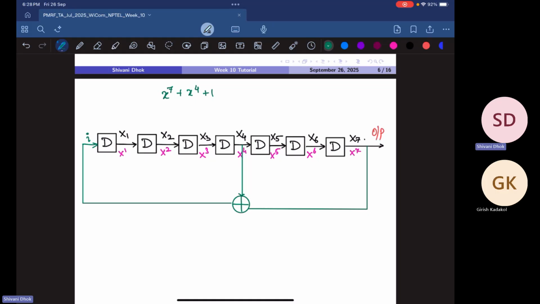So what you need to do is take the output of the 7th register and the 4th register, add them, and feed them back as an input.